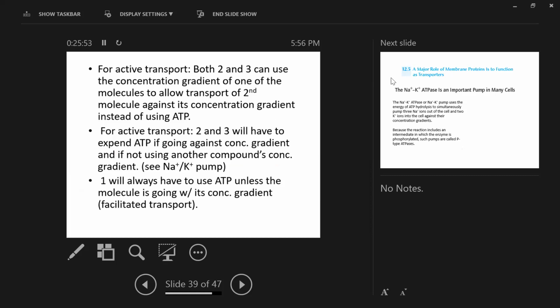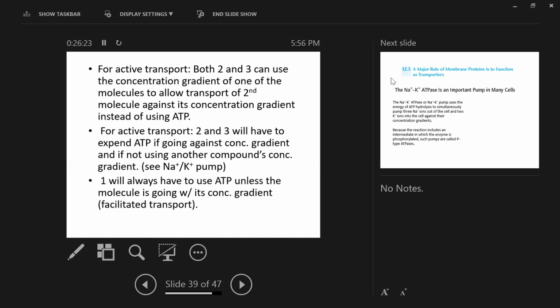So for active transport, if you're using symport or antiport, one of the molecules can be going against its gradient as the other one's going down its gradient. The one going down the gradient is providing the energy for the other one to go against the gradient, and then you don't need ATP.